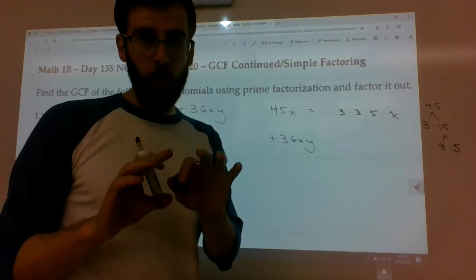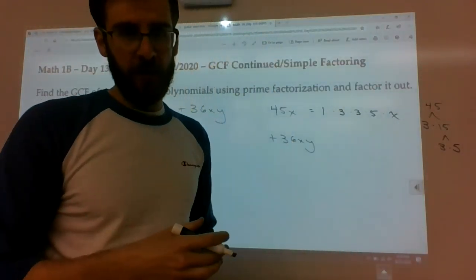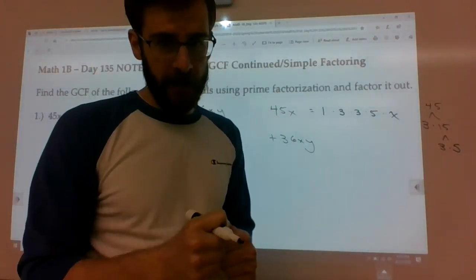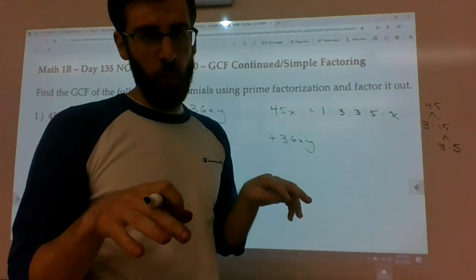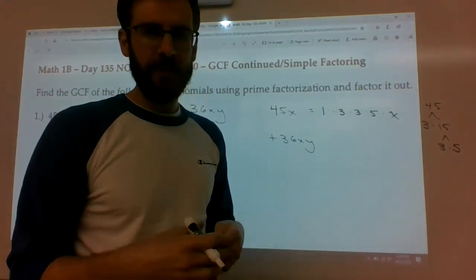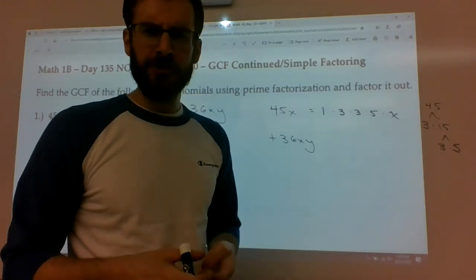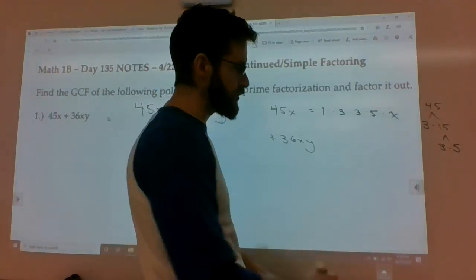And I'm going to put a 1 every single time we do this prime factorization business. And I'll only circle the 1 if the only thing they share is that 1. Okay? So this might seem ridiculous. Why are you putting the 1 on there? Hopefully you'll see why in some future examples. All right, so check out 36xy.